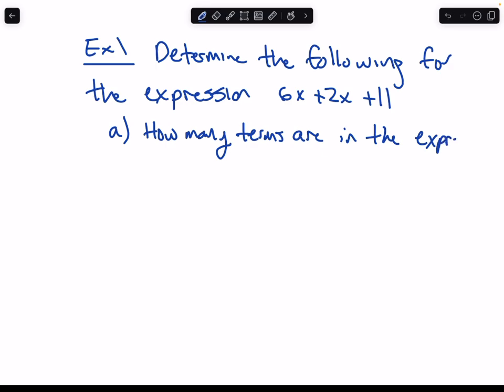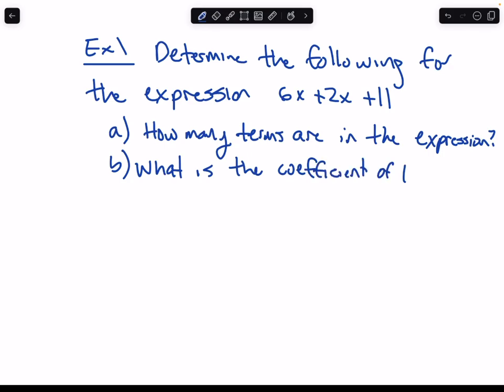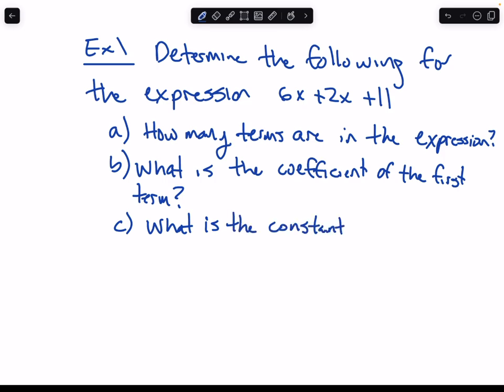Part B, what is the coefficient of the first term? C, what is the constant term? And D, what are the like terms in the expression?